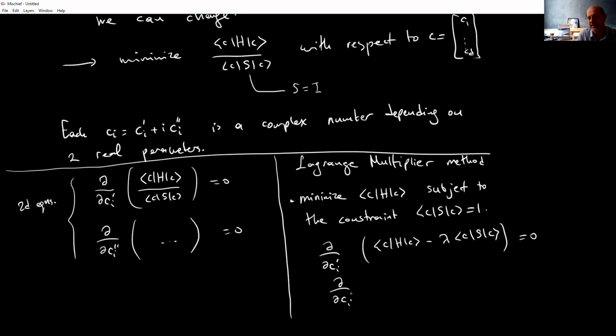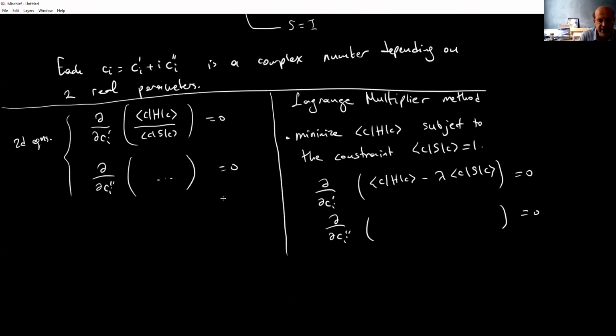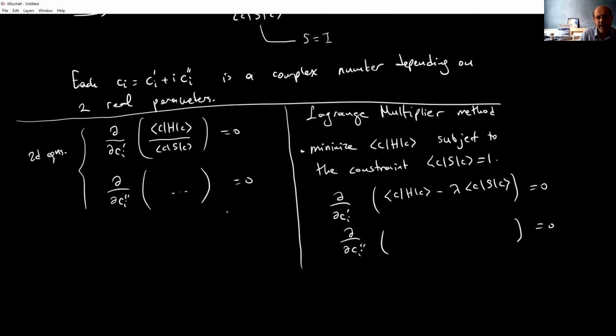And then find the value of the Lagrange multiplier by using the constraint relationship and so on, okay? But in any case, in both cases, we need to take the derivative with respect to the real and the imaginary parts, right? I think I'm going to follow this, but at the end, we're going to reach the same conclusion, all right?